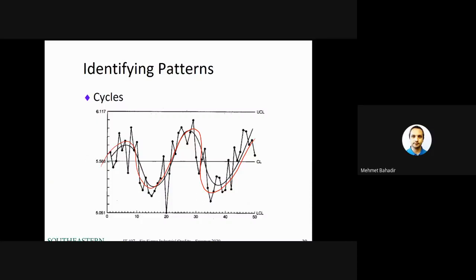So those cyclic temperature changes sometimes cause expansion and reduction in the size of the materials, and those size changes can cause changes in the final product and the final variations that you're analyzing.